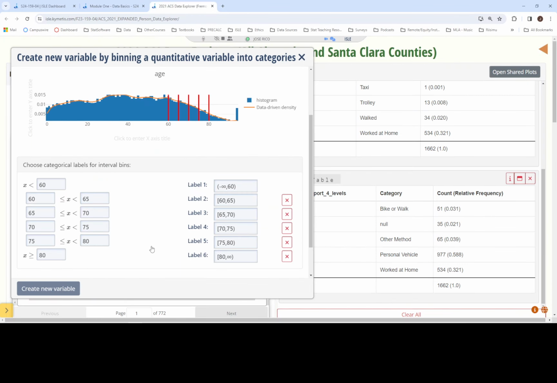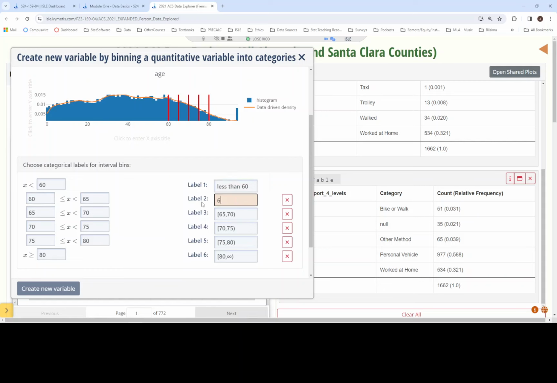So you could leave this as is, because this will be exact. The only problem is not everyone that you're going to be showing this data to is going to be able to understand this interval notation here. So what I usually will do is I will rewrite this in an easier format. So this is less than 60.